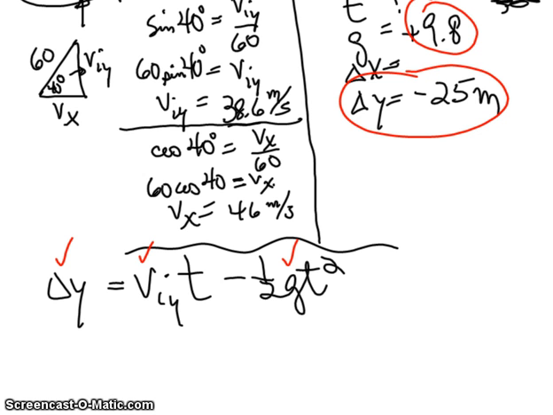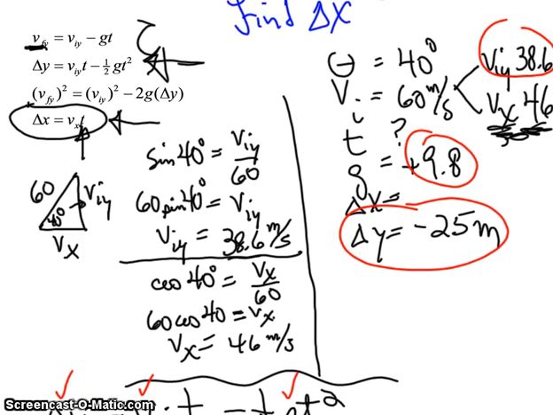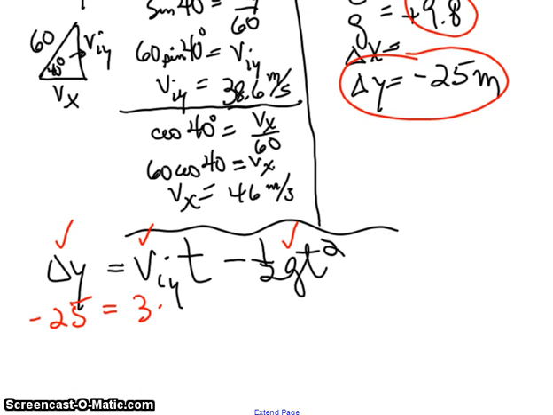So let's check that out. This becomes a minus 25. This is 38.6 t minus 1/2 of 9.8. 9.8 is positive, t squared. So we're going to get a quadratic out of this problem here.